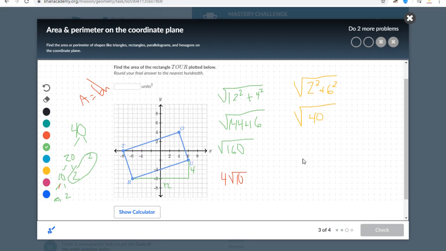So the only thing that's going to go outside the radical is the 2. And then 5 times 2 would stay on the inside of the radical, since it's just hanging here and it's simplified as much as it can be, so let's just keep it 10.